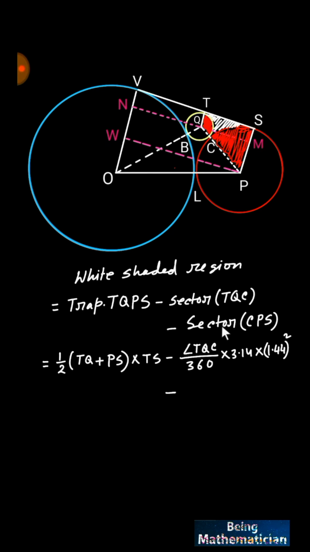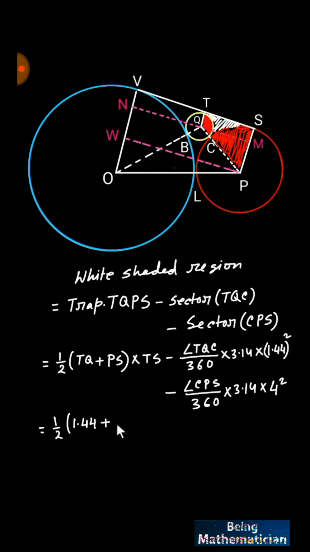Now let's find out the area of sector CPS, and this is angle CPS by 360 into 3.14 into the radius of the red circle, which is 4, so 4 square. Now TQ means the radius of the smallest circle, and that is 1.44, plus PS.